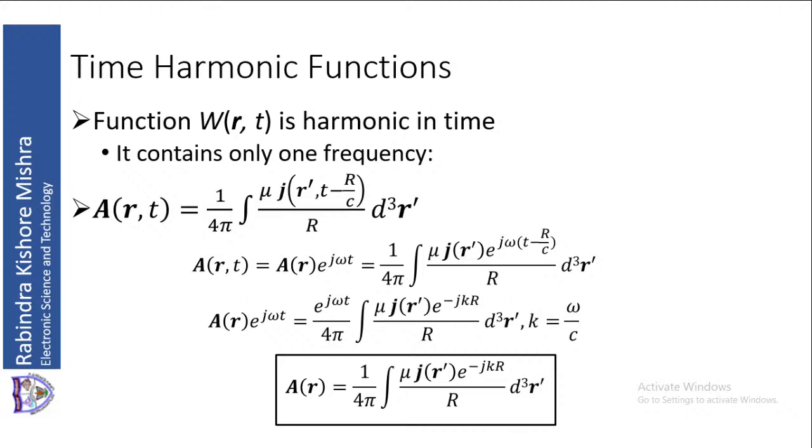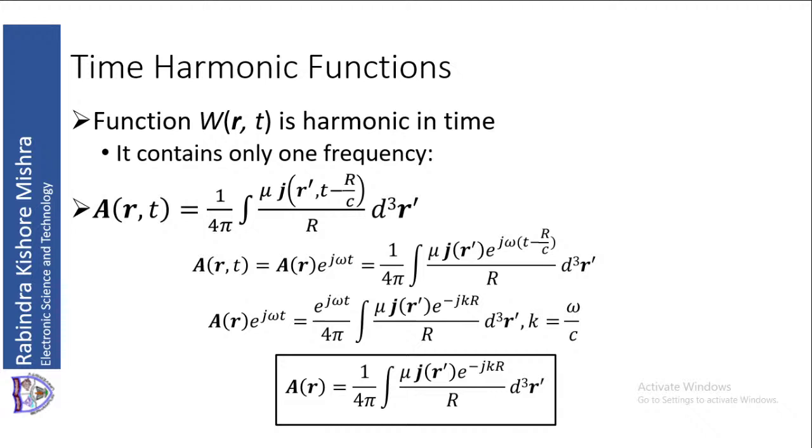Therefore cos(omega t plus phi) you can represent as exponential j omega t into exponential j phi. So the time part will be exponential j phi into exponential j omega t. So that is what it is.